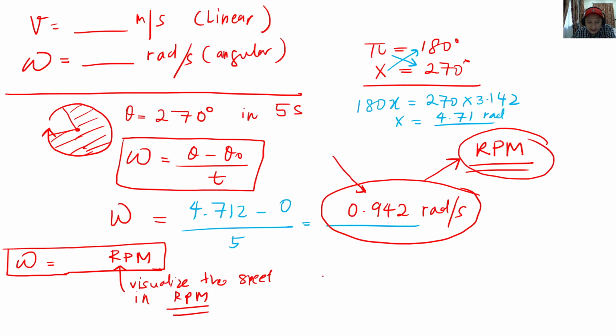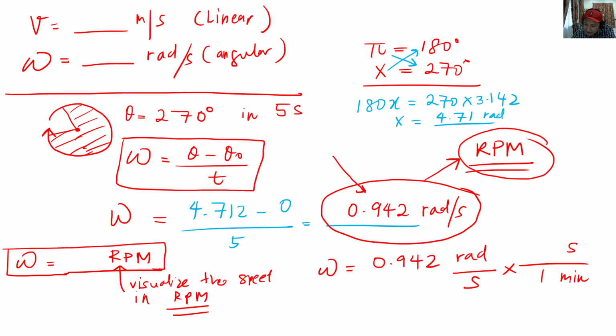So omega is equal to 0.942 radian per second. So change second to minute. If you want to cancel off second, second has to be here, and minute has to be here.